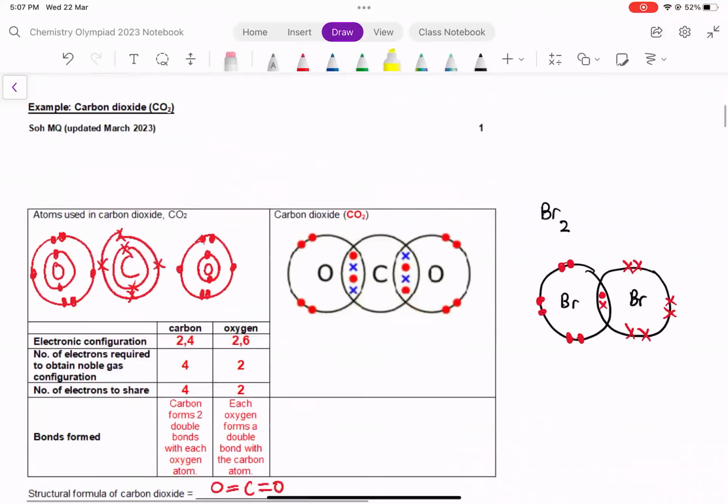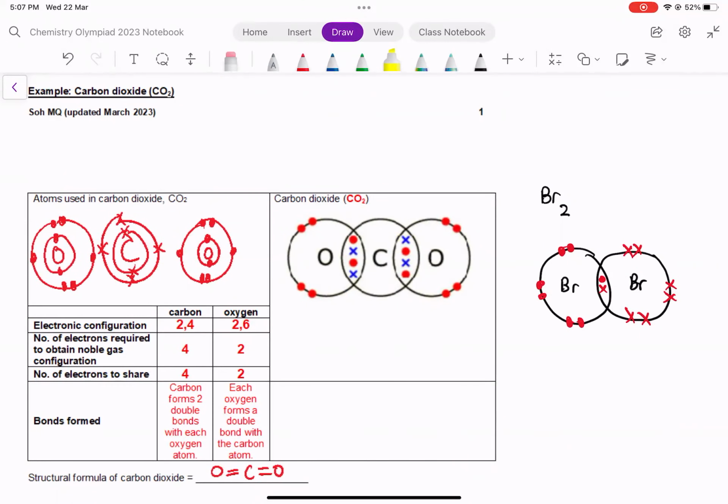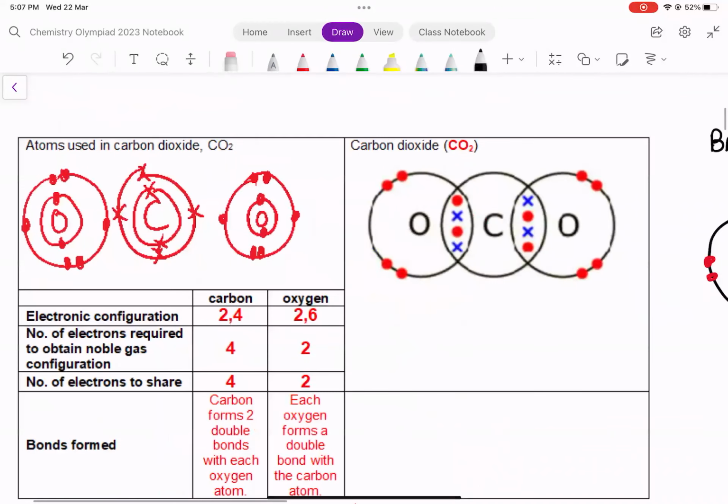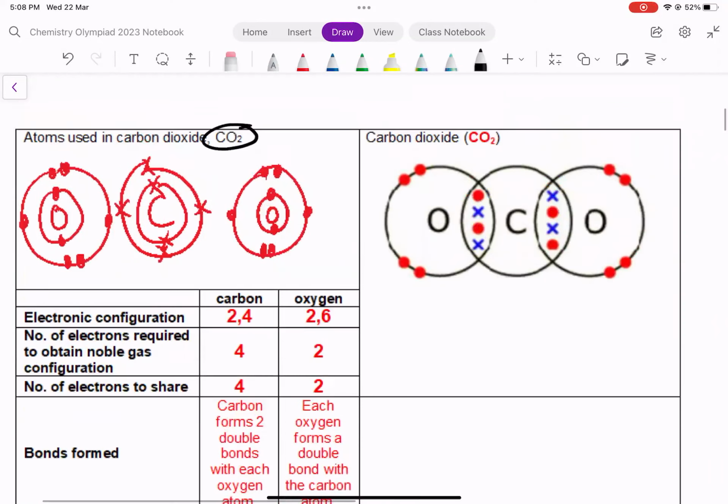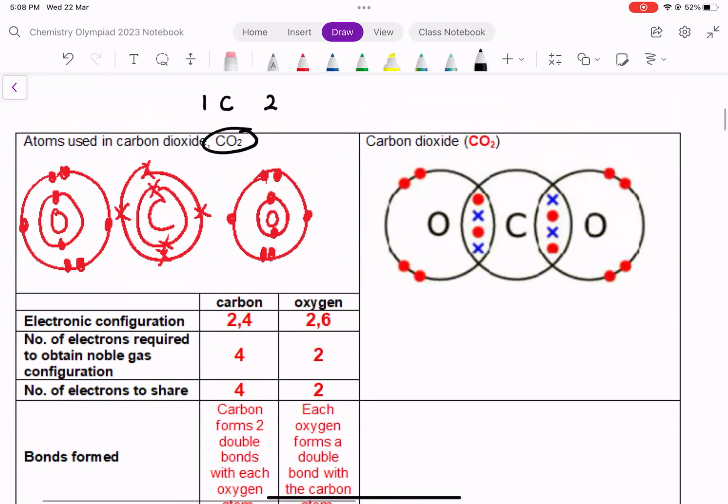Now, let's go deeper into how to draw dot and cross diagrams. I know this diagram looks quite complicated, but drawing a dot and cross diagram really isn't so difficult. The first thing you need to do is get the chemical formula right. For example, carbon dioxide is CO2, which means one carbon atom and two oxygen atoms.